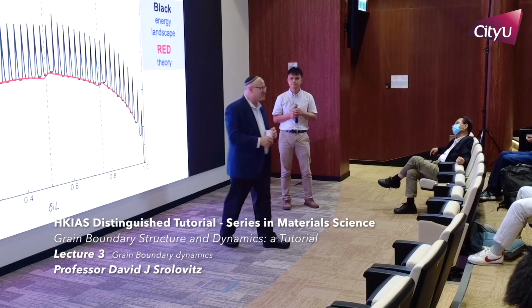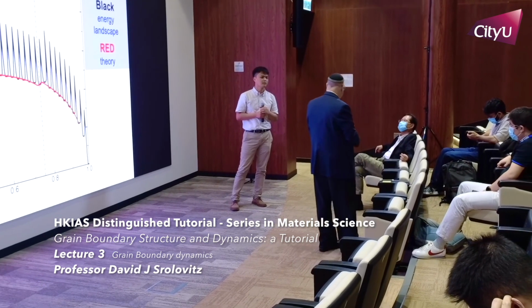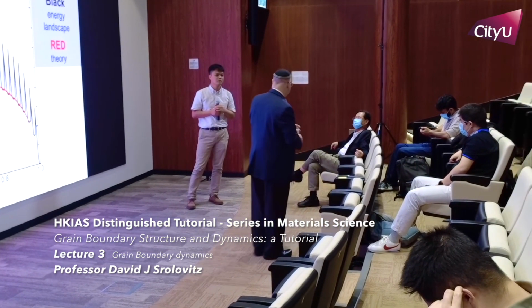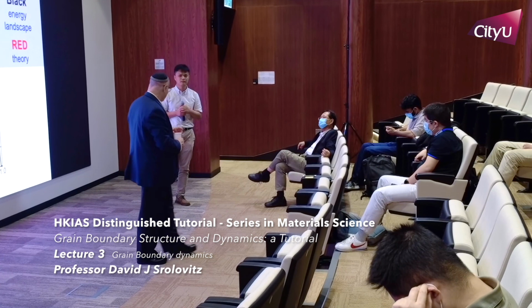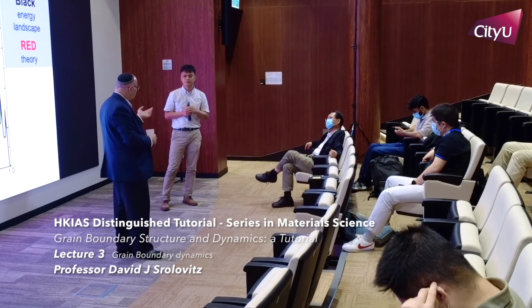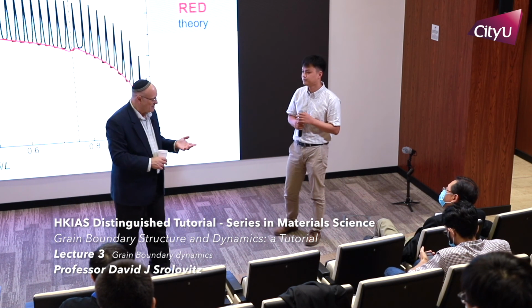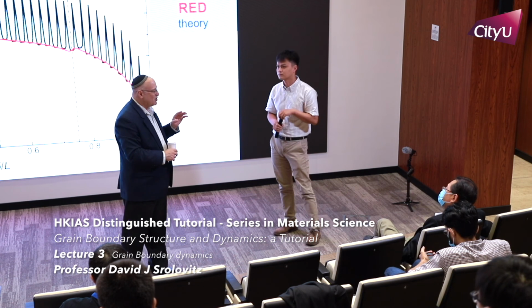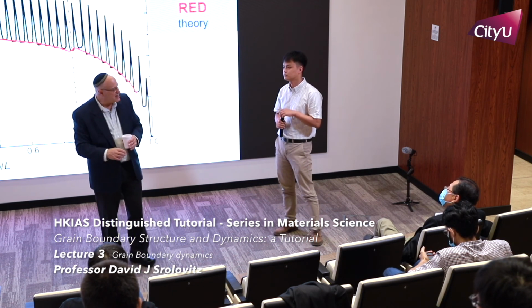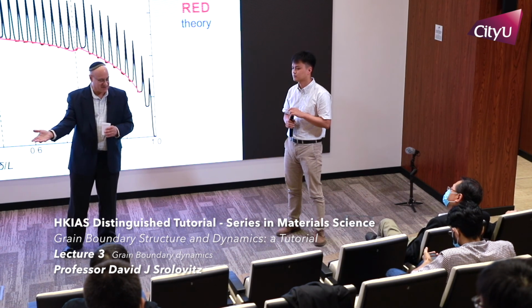Even though we've been trained since the 1980s, 40 years ago, to think that way, it's not a good way to go. There are special boundaries. The coherent twin, the coherent sigma 3 boundary, is very special. It's not special because the unit cell is small, because sigma 5 is also very small.